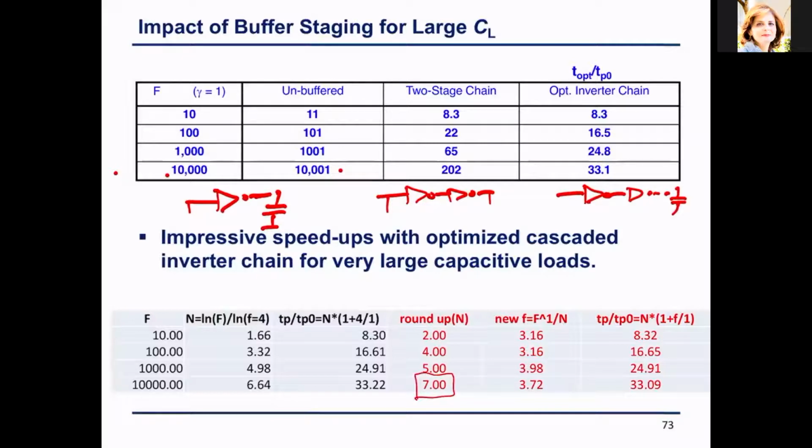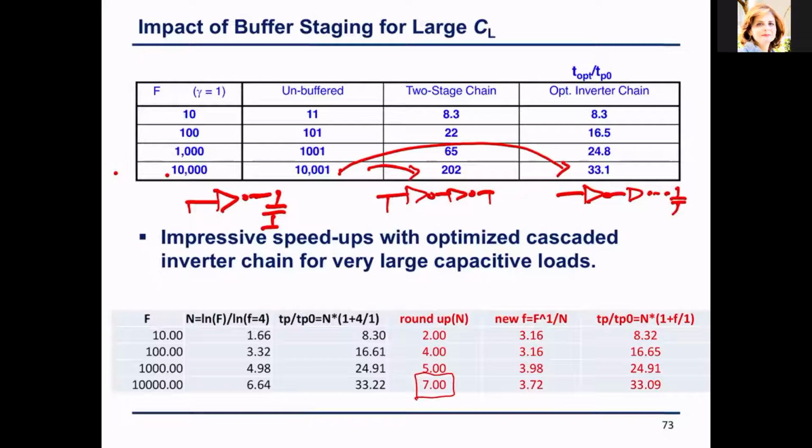I added 7 inverters and the delay dropped from 10,000 to 33. So this is why the inverter chain is very important. Two inverters dropped the delay by about 200, which is good, great, but I can put 7 and drop the delay to more reasonable values.